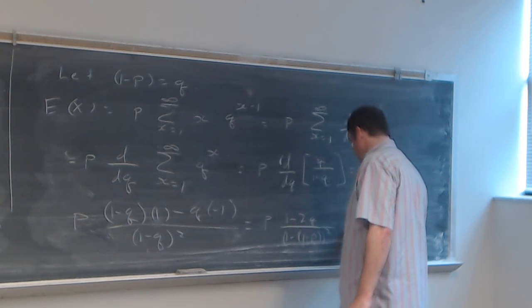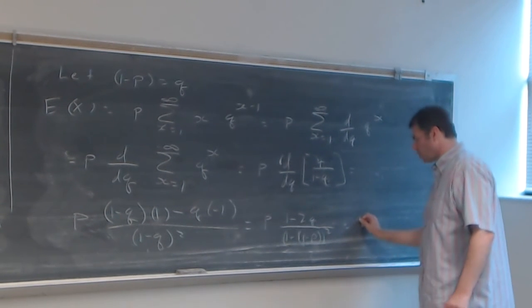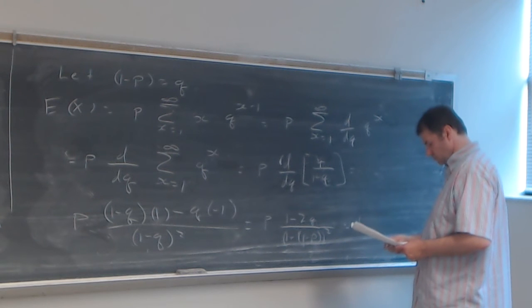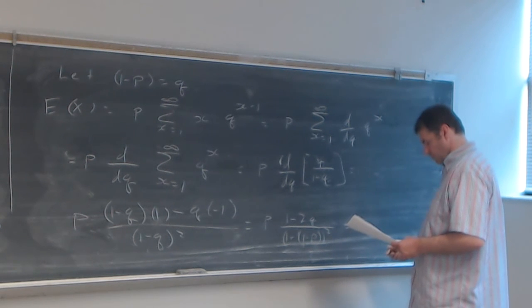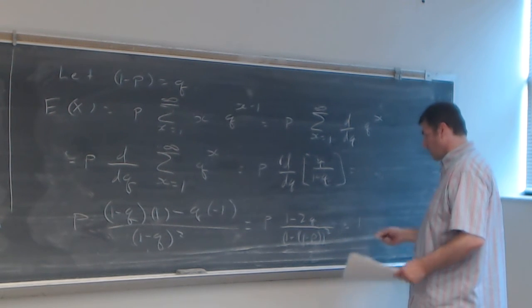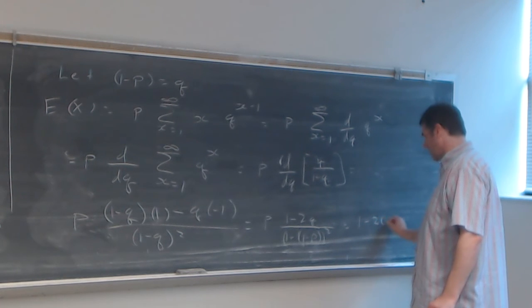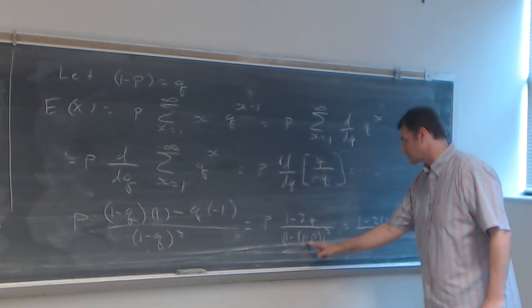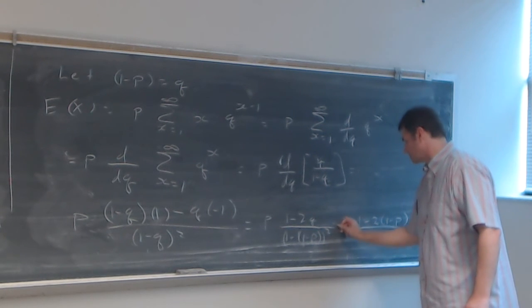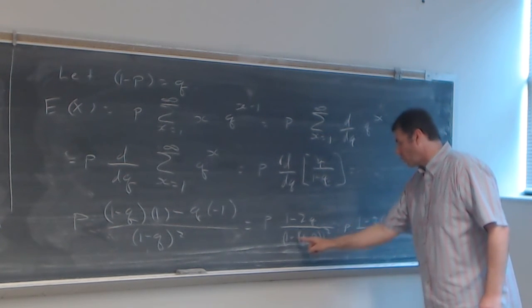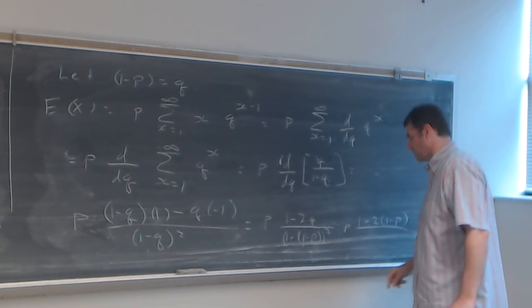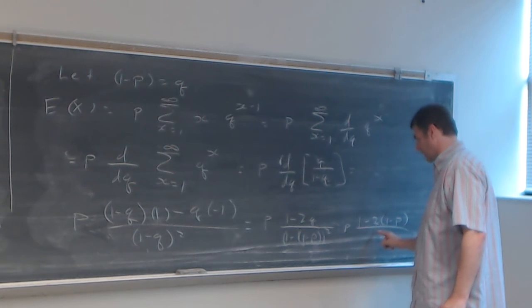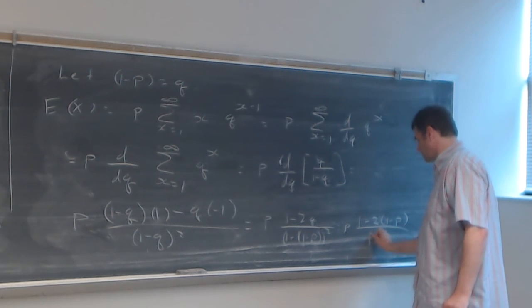So this is 1 minus 2 times 1 minus p all over 1 minus, 1 minus p, squared. 1 minus 1 is nothing, minus a p, at least, and that's p squared.